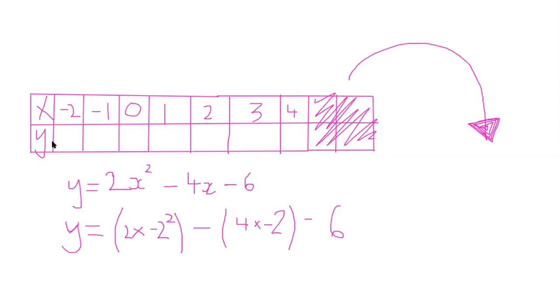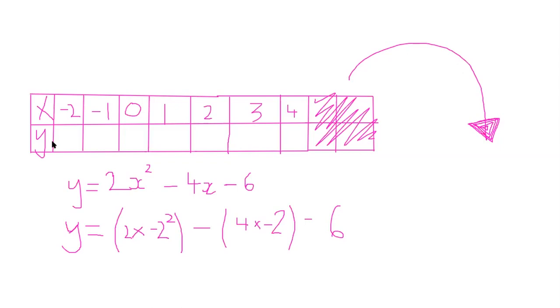I haven't got that either. 2 times -2 is... Yeah, my calculator, because the calculator doesn't follow the laws, like it doesn't do the 2 times inside the brackets first, then outside, then squaring it.